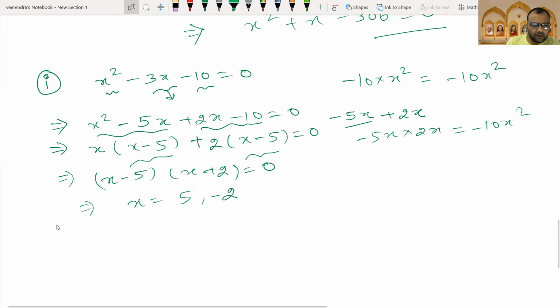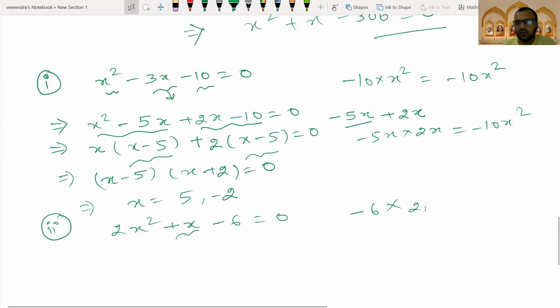Now we will try another problem on the same concept. Suppose we have 2x square plus x minus 6 is equal to 0. Now the multiplication of these two terms is minus 6 into 2x square, which is minus 12x square.